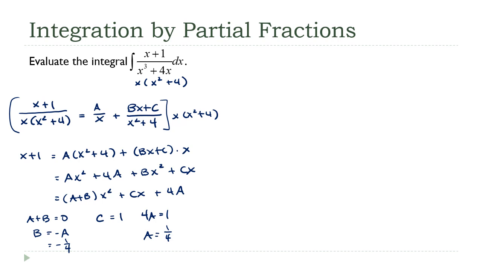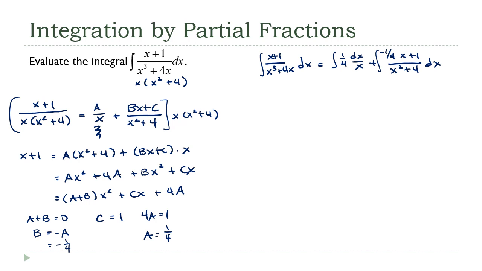All right, so what do we get from that, right? This makes our integral, the integral of x plus 1 over x cubed plus 4x dx, equal to, let's get these numbers in here, the integral of 1/4 dx over x, that's this part, plus the integral of negative 1/4 x plus 1 over x squared plus 4 dx.